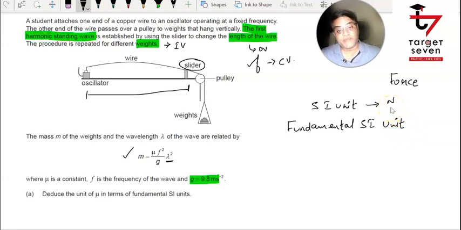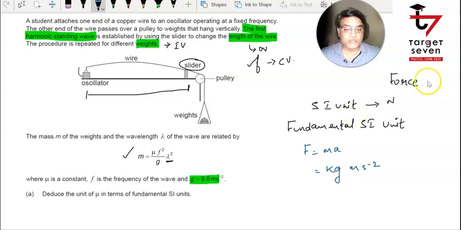It needs to be expressed in terms of the fundamental physical quantities. So in this case, for the fundamental SI unit for force, we pretty well know the formula for force is F is equal to m into a. m here is the mass, so that will be kg, and acceleration will be meter per second squared. So the SI unit of force is Newton, while the fundamental SI unit would be kg meter per second square.